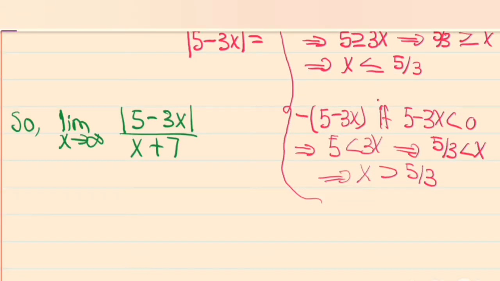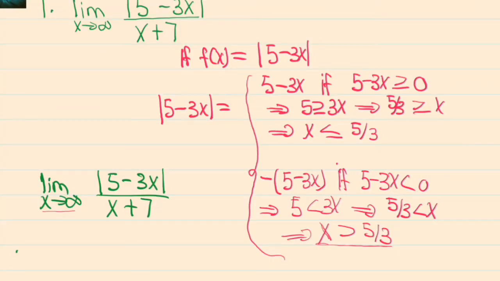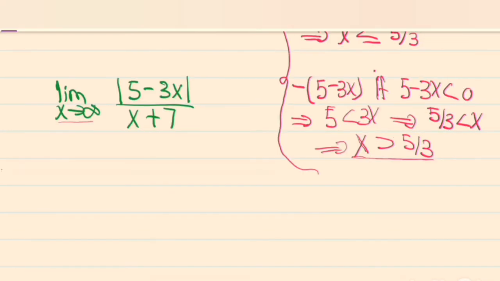So for the limit as x approaches infinity of the absolute value of 5 minus 3x all over x plus 7, we substitute minus the bracket of 5 minus 3x into our equation, because x approaches infinity, meaning x is greater than 5 over 3.